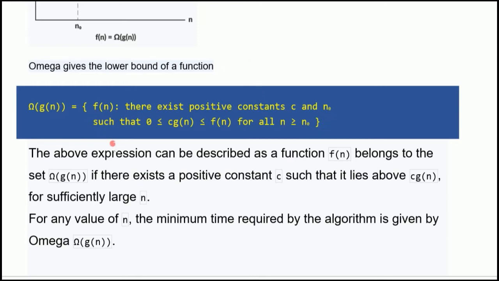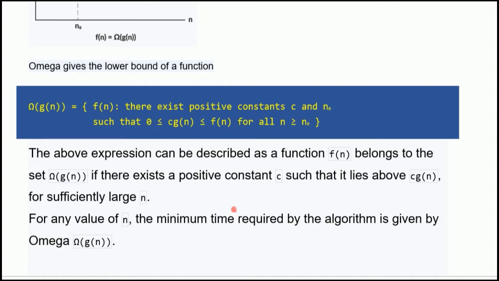You can see here, this is represented as a set. Function f(n) belongs to the set omega g(n) if there exists a positive constant c such that it lies above c g(n) for sufficiently large n.